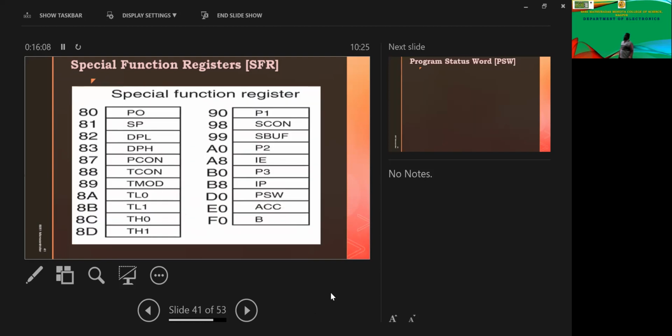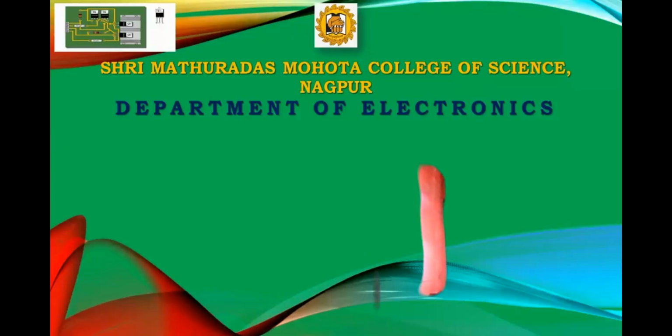These are special function registers which have addresses 80, 81, 82. Then there are names of those registers, which I guess we won't be using. We have accumulator, interrupt priority, interrupt enable. I have not used that, I guess.